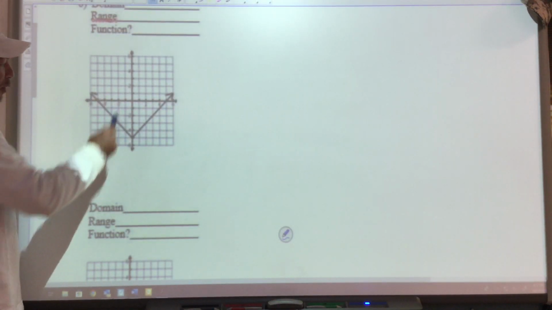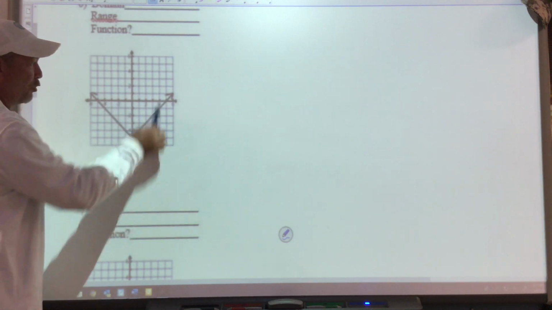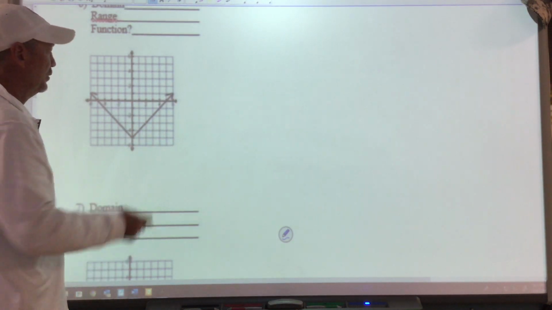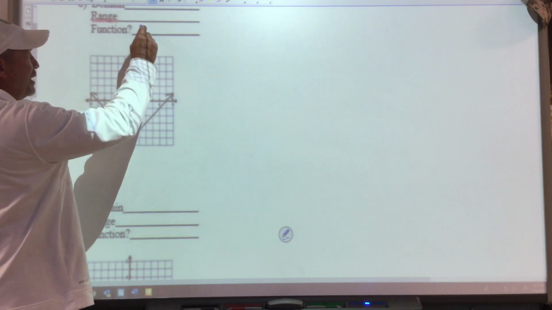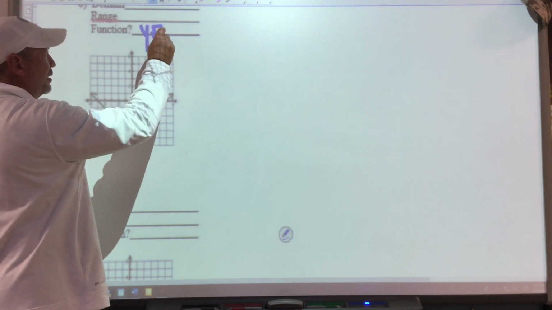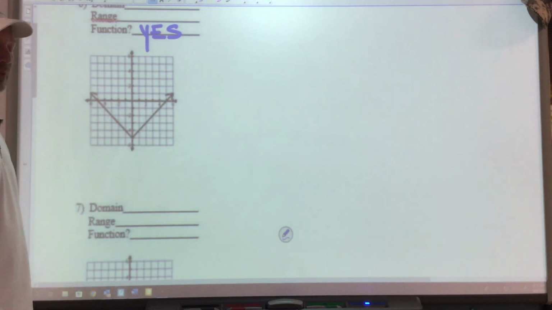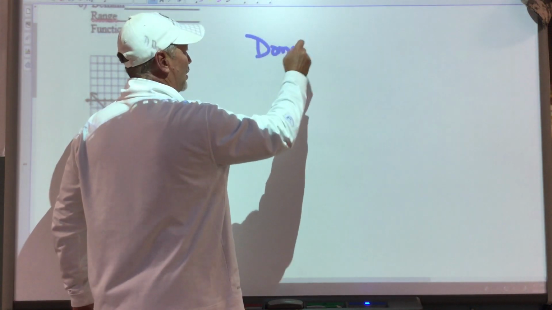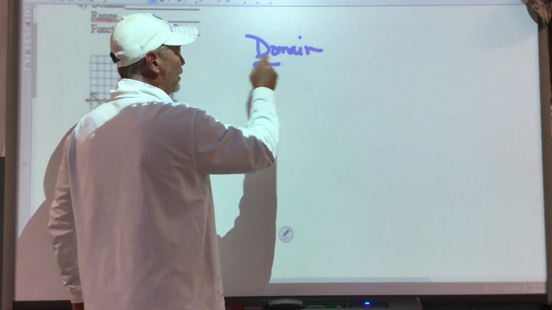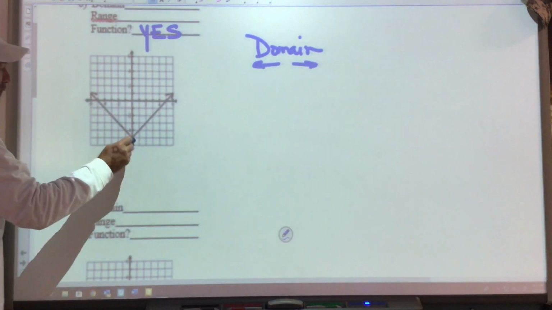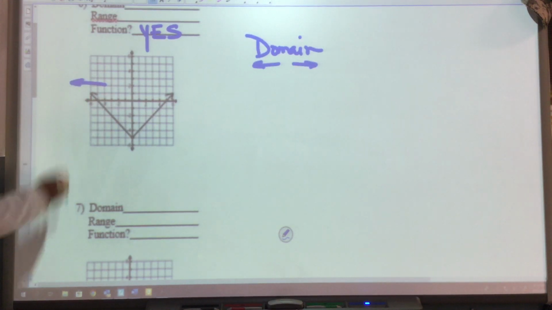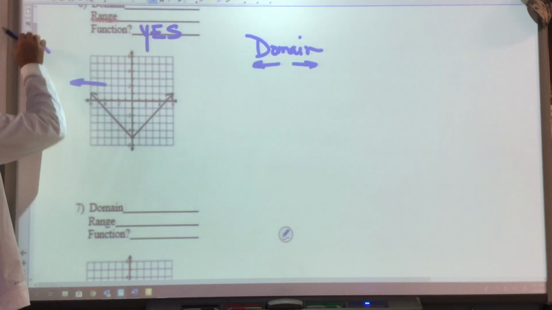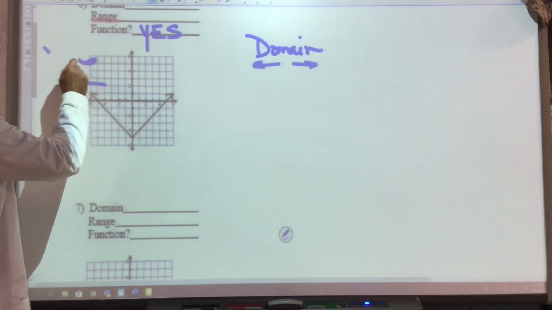If I draw a vertical line anywhere, it would only touch one time. So since it only touches one time, I would say yes, this is a function. Now, your domain goes left and right. How far to the left does my graph go? Even though it's at an angle, it's going to go forever to the left.